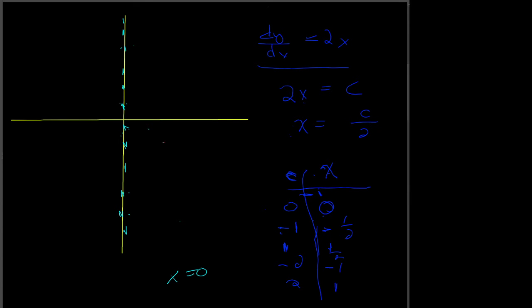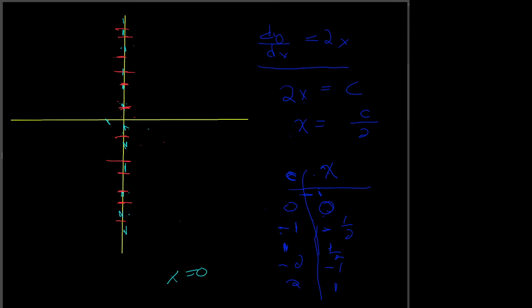So let's see here. Anywhere on the x-axis, my slope is going to be 0. So I'm going to put my little slope elements here. And I'm going to do the same for -1/2. So I'll come here, and at -1/2, I have a slope of -1.